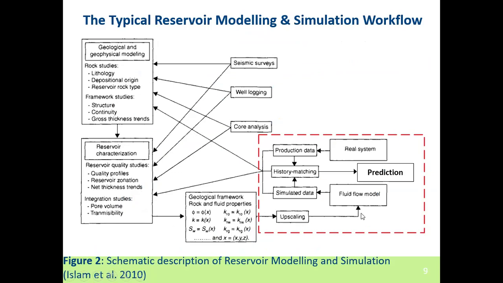And here it's upscaled. I think I have a slide on upscaling, which gives a good illustration of what upscaling is all about. And then you now have your fluid flow model, depending on the availability or the stage of development. If you have pressure and production data, it is history matched, and then the history matched model can now be used in predicting production profiles under different scenarios.